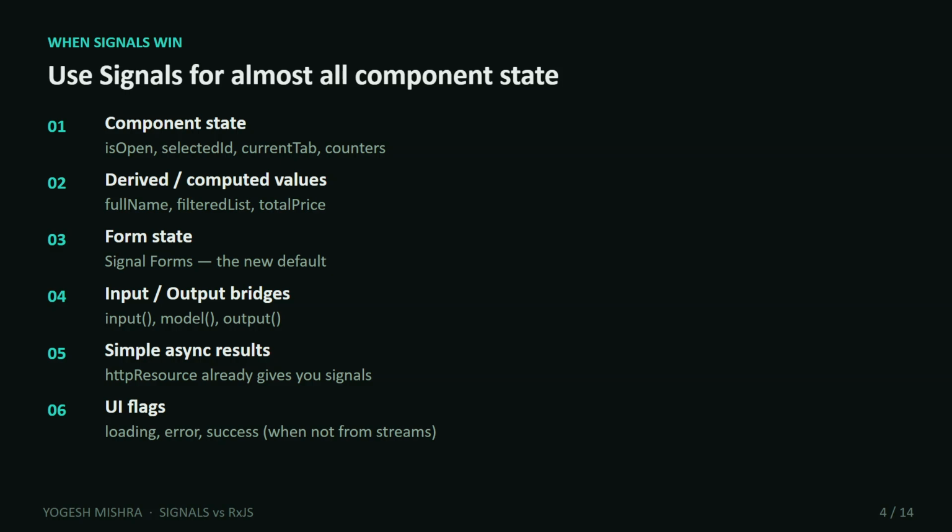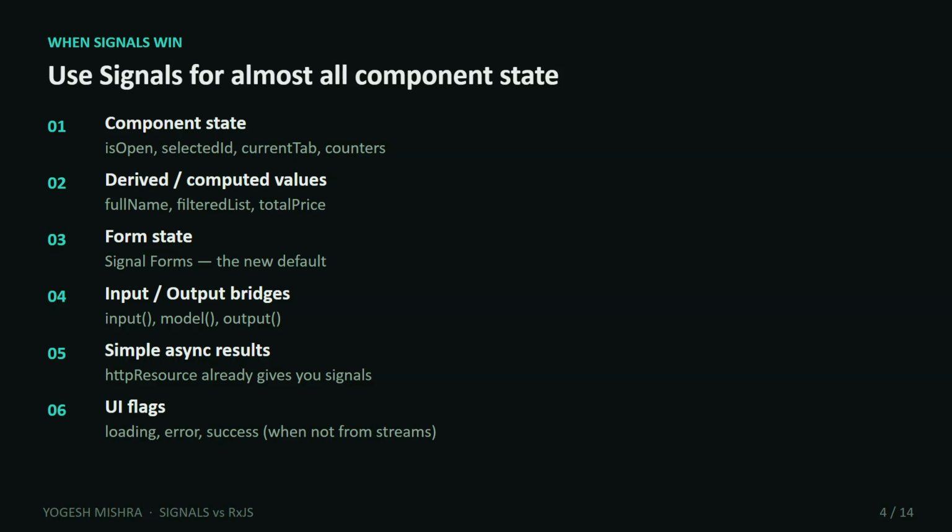So when should you actually use signals? Use them for almost all component state. Things like is open, selected, or current tab. They are also perfect for derived values such as full name, filtered list, or total price. For forms, signal forms are now the recommended approach.